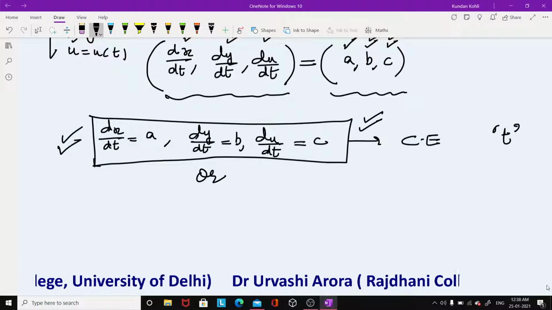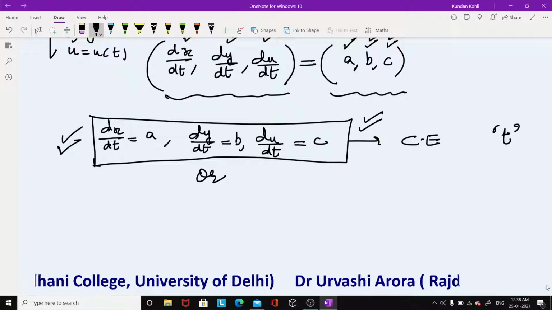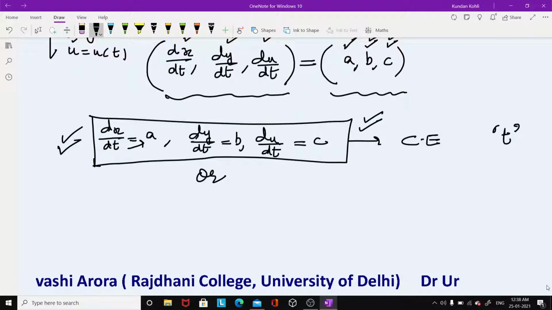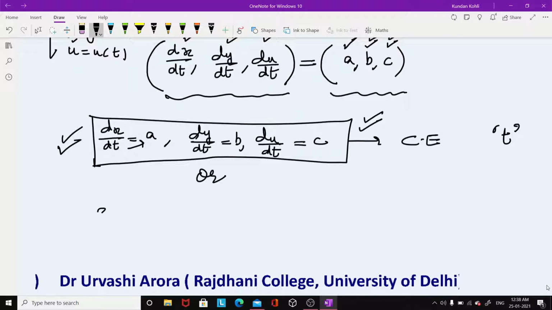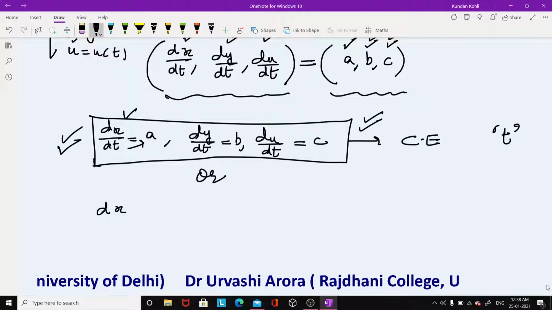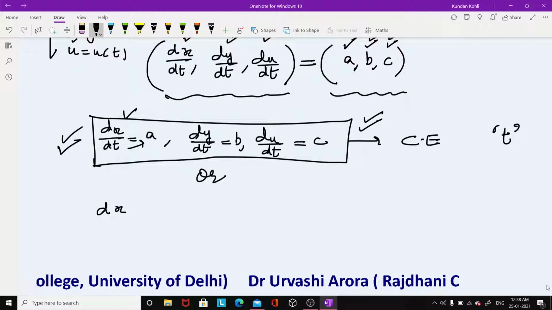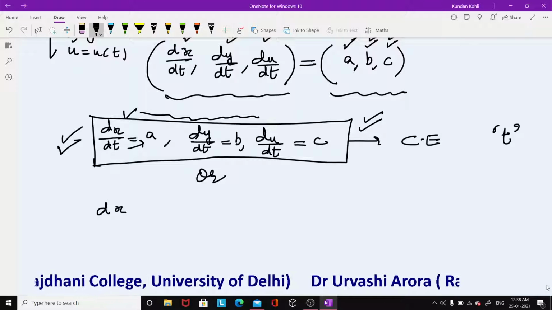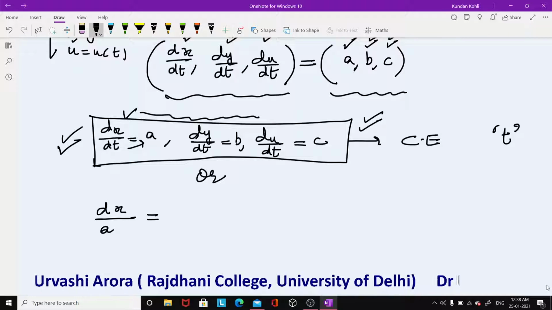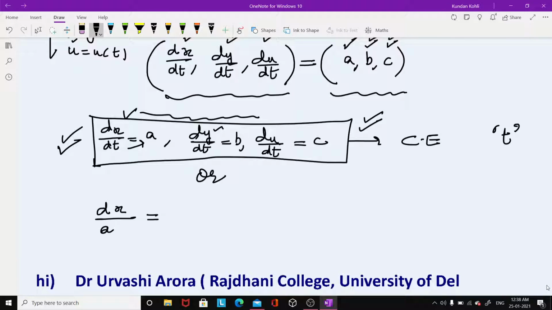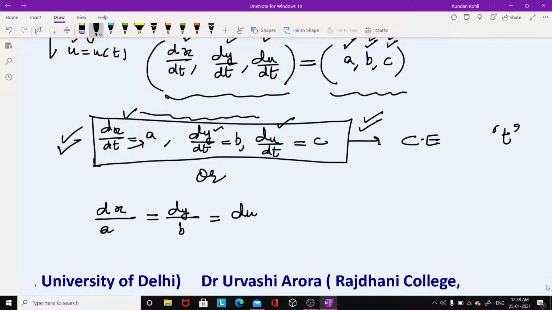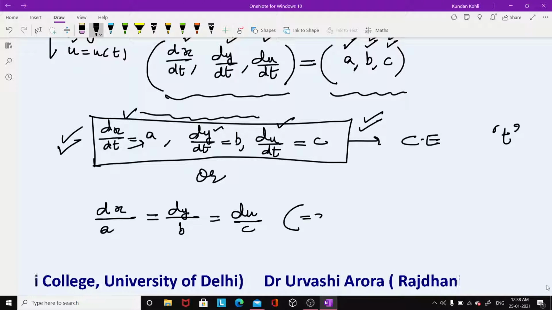Now you can write the characteristic equations in a non-parametric form, which means a form in which t doesn't appear. If I just bring this dt up and bring this a down, you can write from the first equation, these are all first order ordinary differential equations, dx/a, and from this one, b down and dt up, so this is dy/b, is equal to du/c, and of course this is equal to dt.